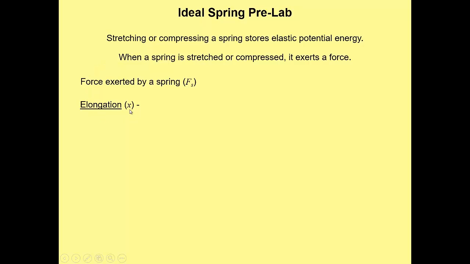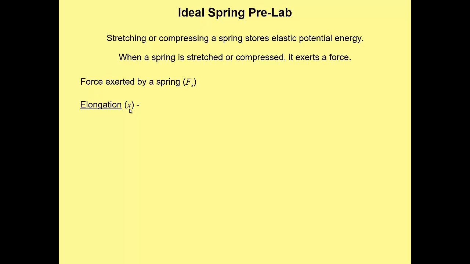Note the symbol is an X. Now, we've used X before for horizontal position. Why does it get used here again? Well, I think it's because you're changing the position of the end of the spring, whether you're compressing it or elongating it, stretching it. You are changing the position of where the end of that spring is. So, an X, I guess. Plus, we've already used E for other things.